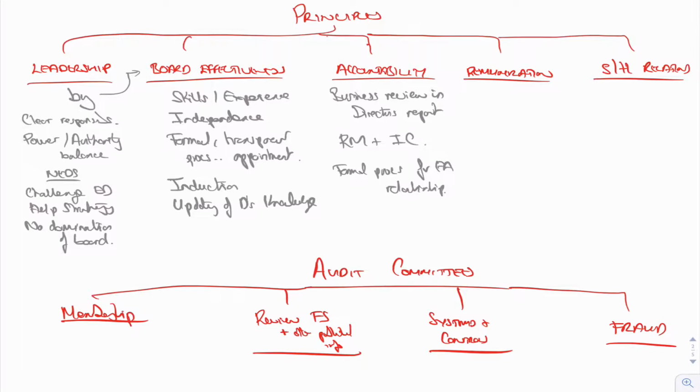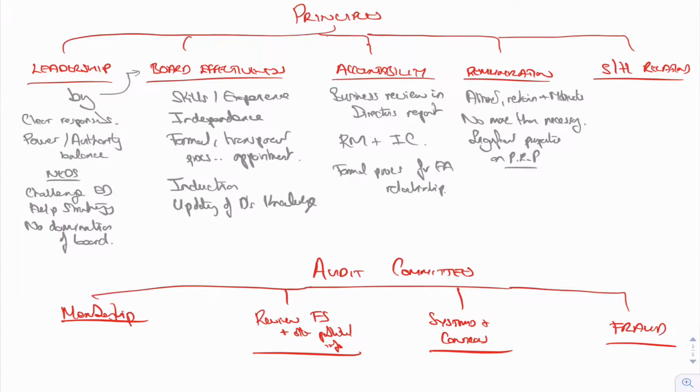Okay, in terms of remuneration, enough to attract, retain, and motivate them. Okay, just enough, no more than necessary. It's the shareholders' money that you're spending, no more than necessary to get the people that you want. Okay, and have a significant proportion of the pay on performance-related pay, or at least something that reduces the agency problem. So the directors are going in the same direction as the shareholders in terms of their goals.